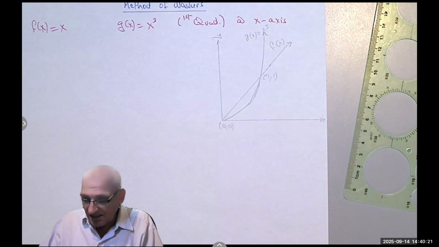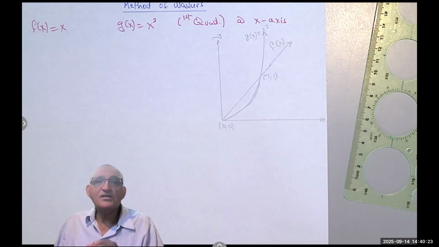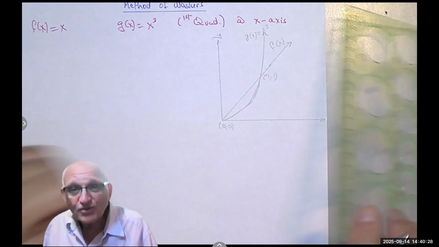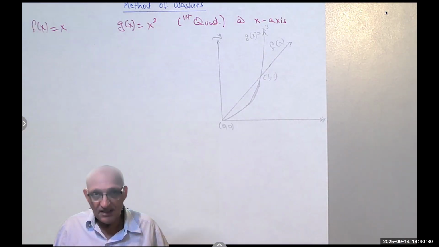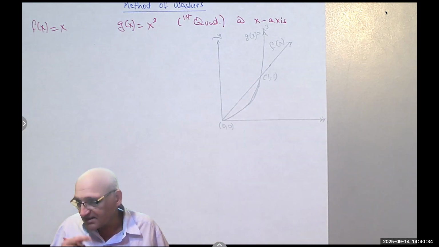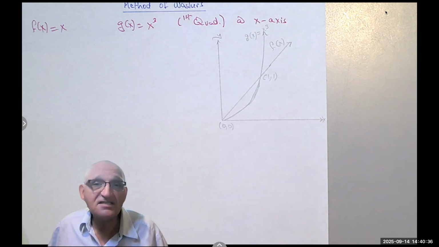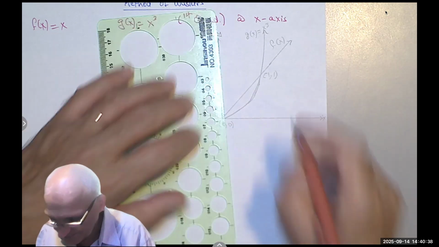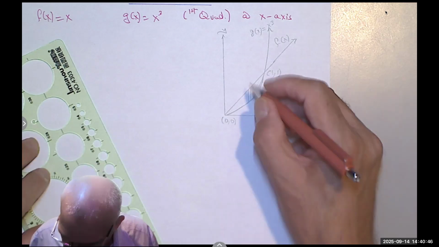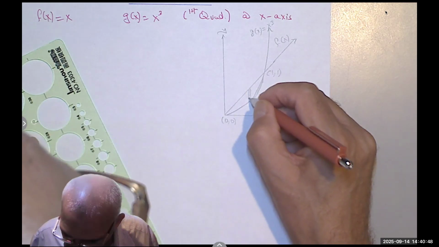Now, if I rotate around the x-axis, notice that the washer method, you'll see why we call it the washer, is applying the disk method twice. How is that? Here is the area.